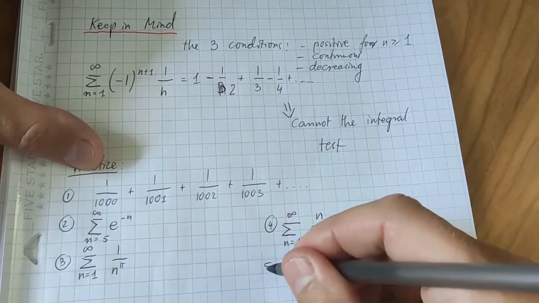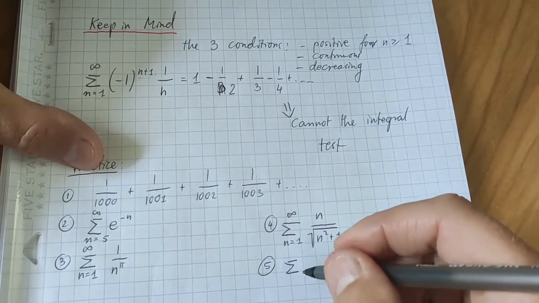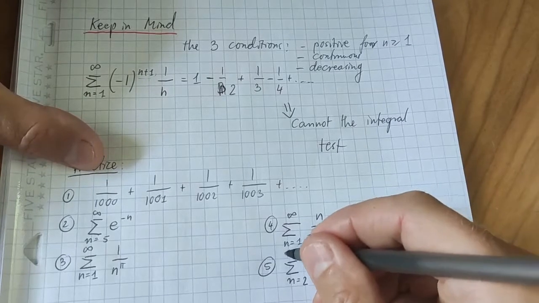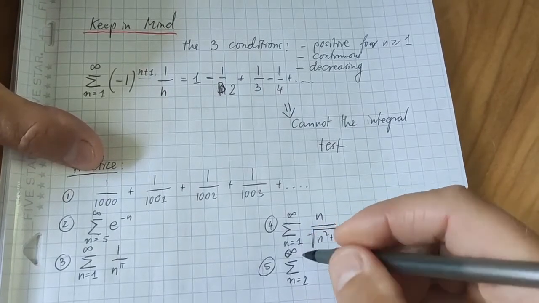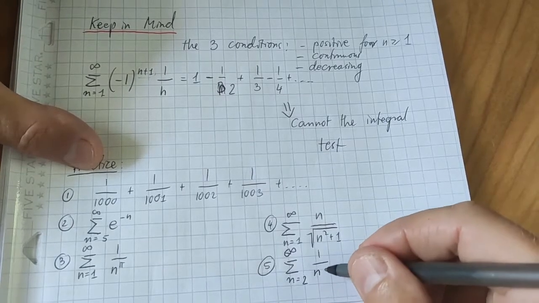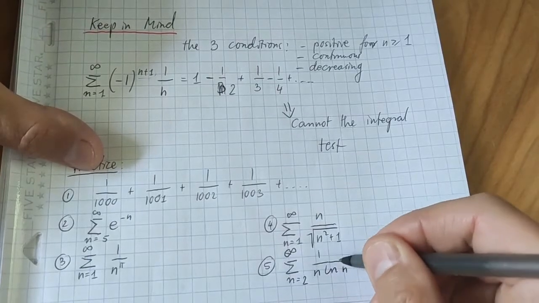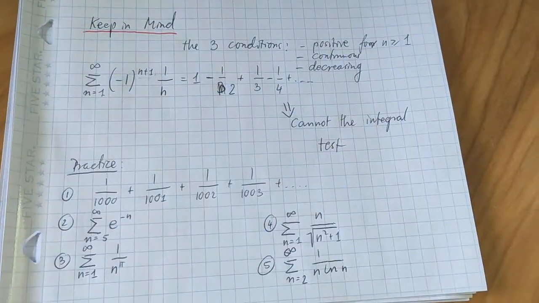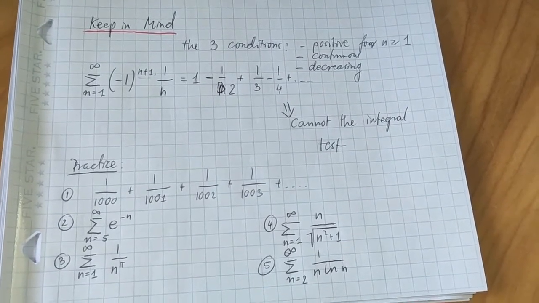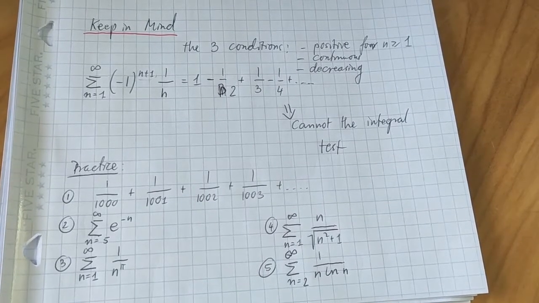And the last one, number 5, is the sum from n equal to 2 to infinity of 1 over n times natural log of n. Okay, so look at those series and do some work, do some thinking, and figure out whether those series converge or diverge.